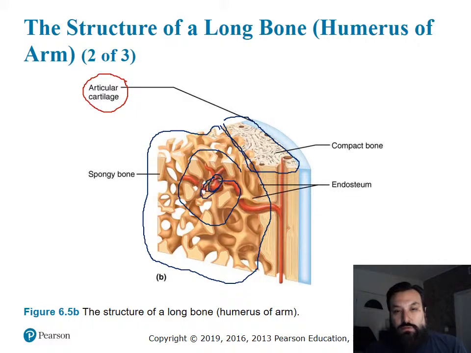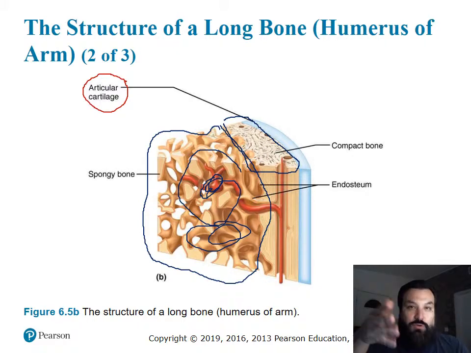All this right here is spongy bone. Notice the endosteum, which is the inside lining of spongy bone and of the actual bone itself. We see that there as well.